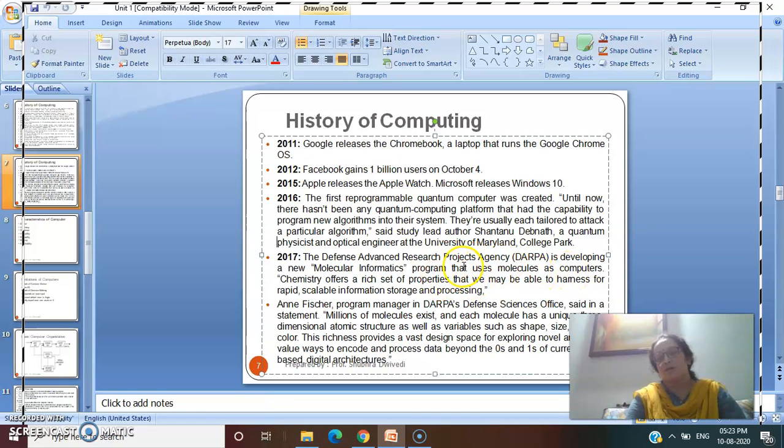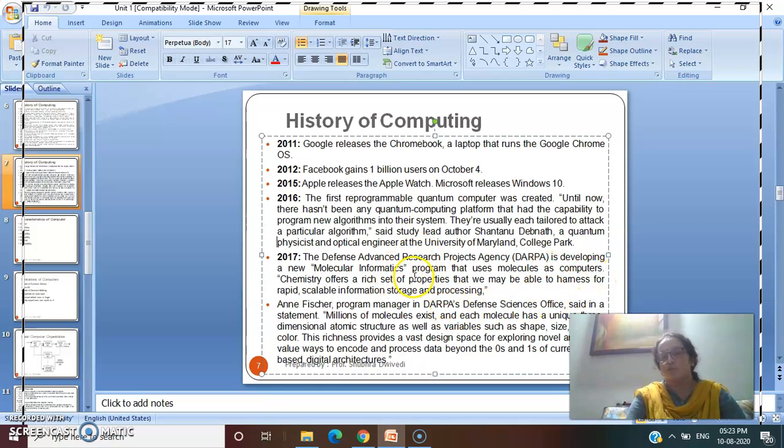The Defense Advanced Research Projects Agency is developing a new molecular informatics program that uses molecules as computers. So see, at that time we just wanted something to tabulate our data, and now projects have been done on molecular informatics programs, where it is being thought that molecules can be used as computers.